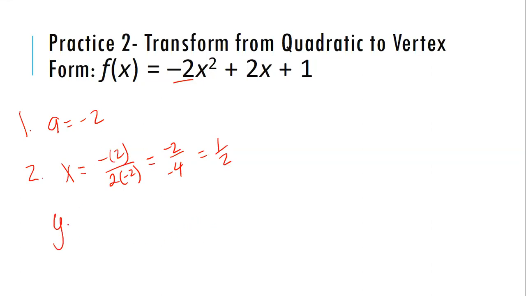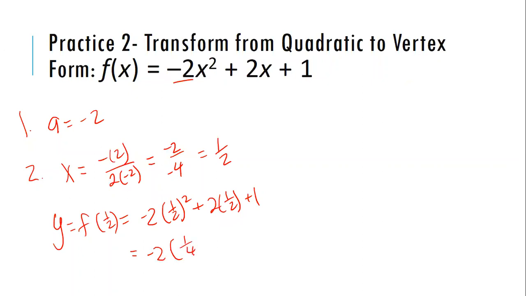Then to find my Y, it equals f of 1/2. So I have negative 2 times 1/2 squared plus 2 times 1/2 plus 1. So negative 2 times 1/4 plus 1 plus 1.